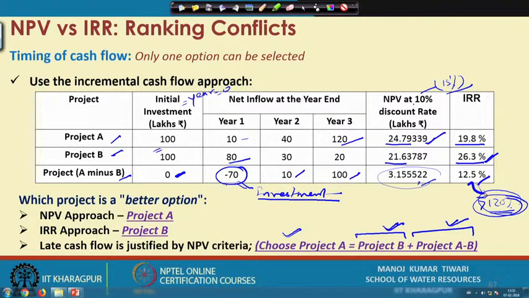That is how this decision can be made based on the net present value, which again looks more helpful in making such decisions.